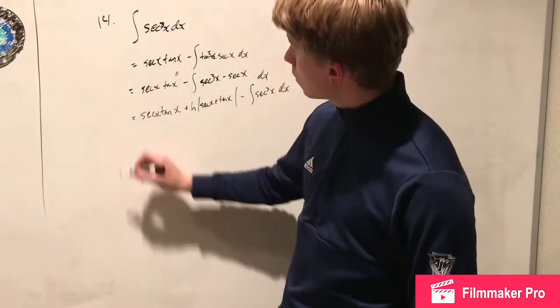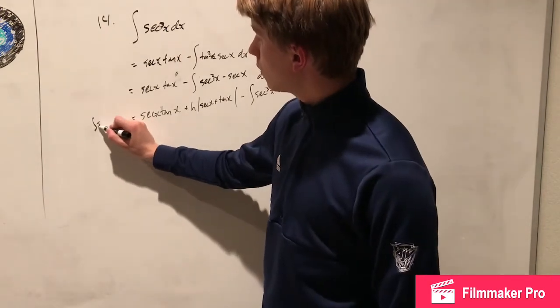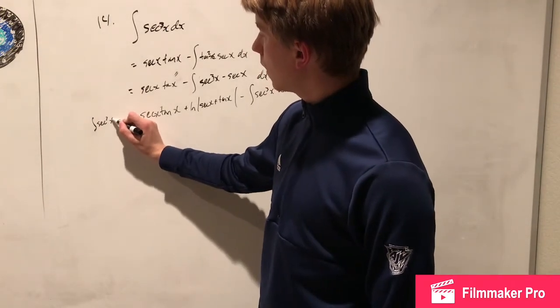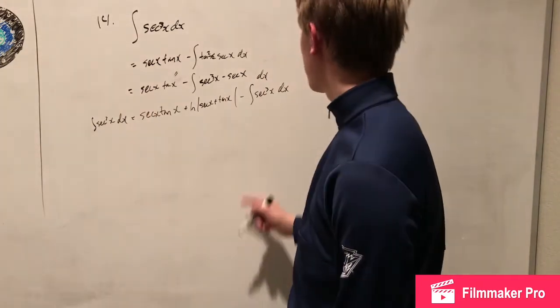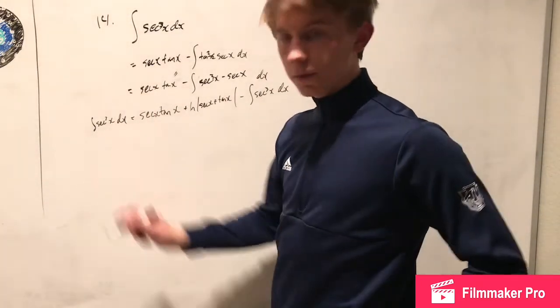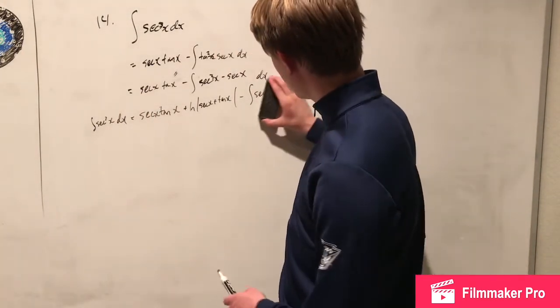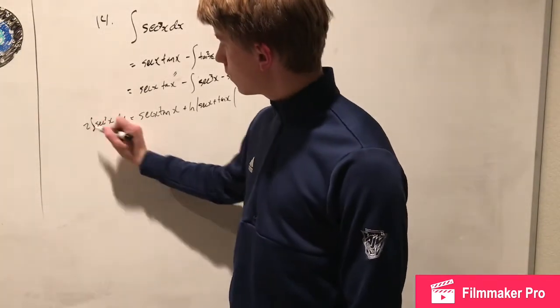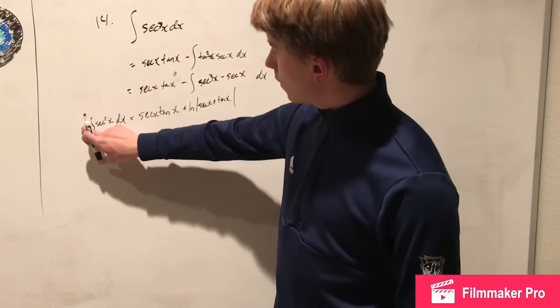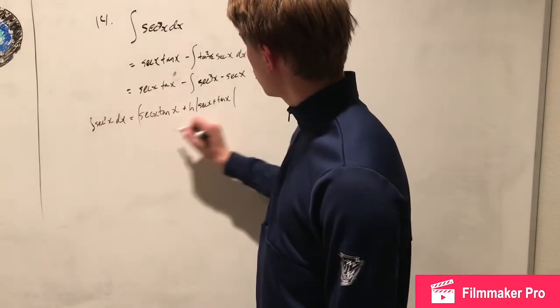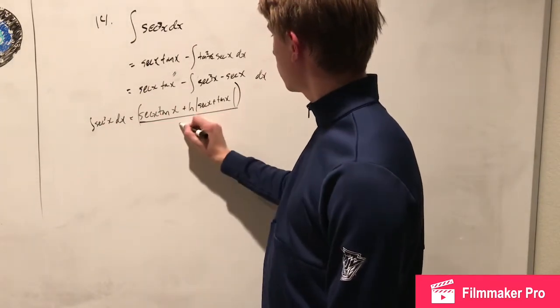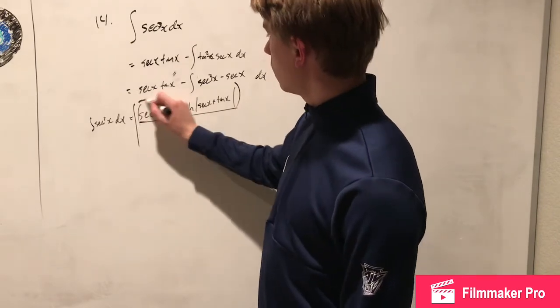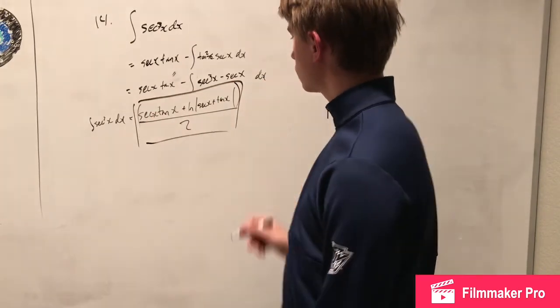Remember, this is all equal to the integral of secant cubed x dx. So we can bring this over there. So we can just erase that and add a 2 over here. But then we can erase that, put all that over 2. So that is our answer.